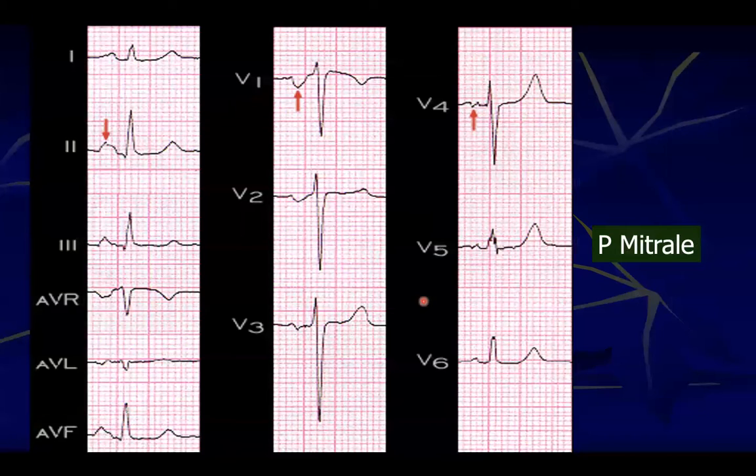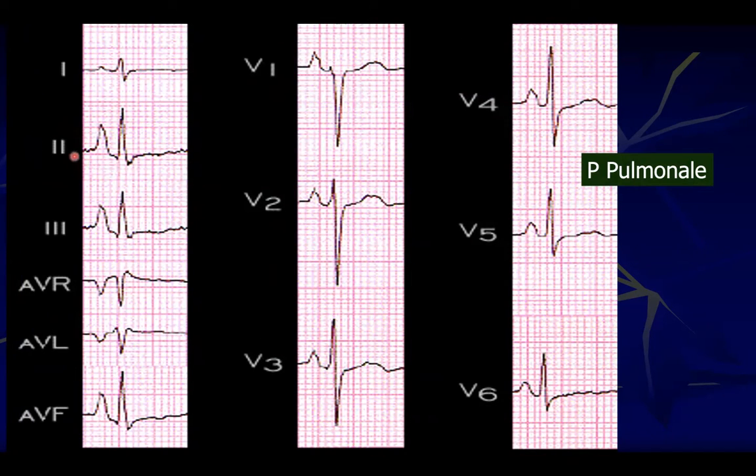This is a true example of the ECG. Students, you can make a note at lead 2: there is an M shape of the P wave, and we call it P mitrale. Otherwise, when we see at lead 2 a tall P wave, we talk about P pulmonale, which represents right atrial enlargement.